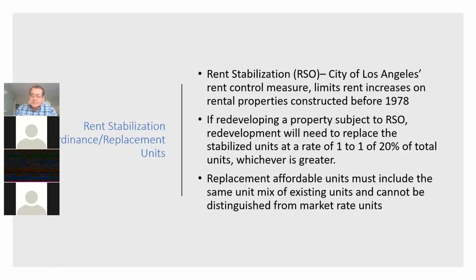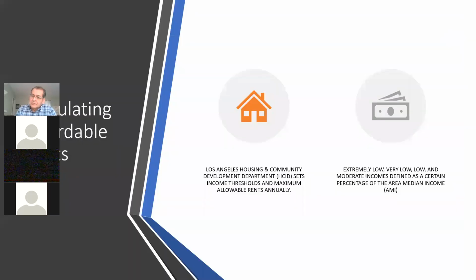So yeah, then the affordable units have to be the same mix of the existing rent stabilized units, and they can't be distinguished from the market rate units, meaning they can't have any separate design feature, or they can't be all clustered in one corner of the apartment building. So they kind of stand out.